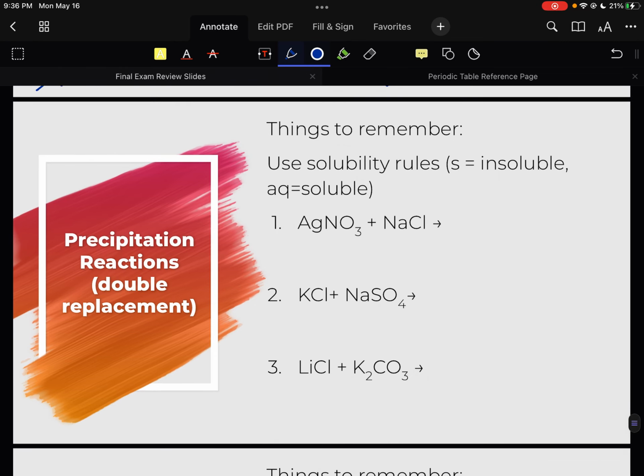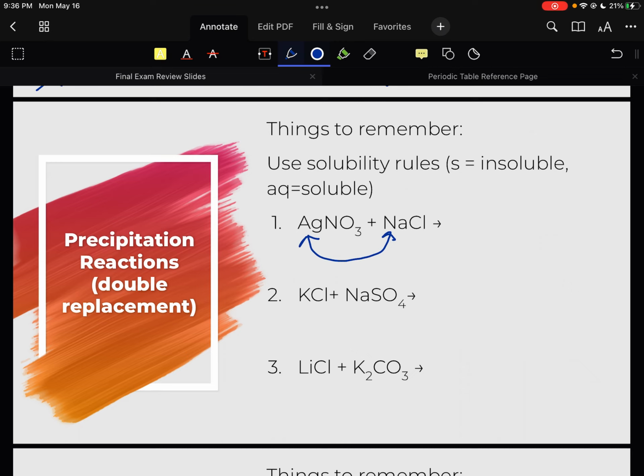For precipitation reactions, remember we're just going to flip-flop our beginnings and then look at our solubility rules so we can determine if we have a soluble substance or not.